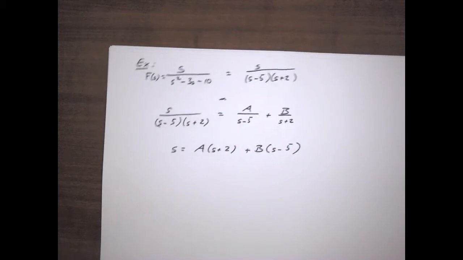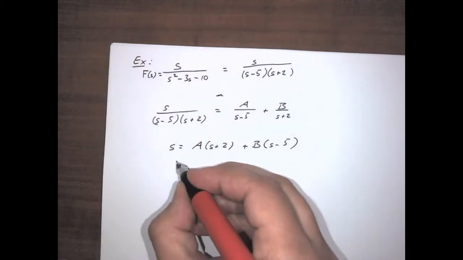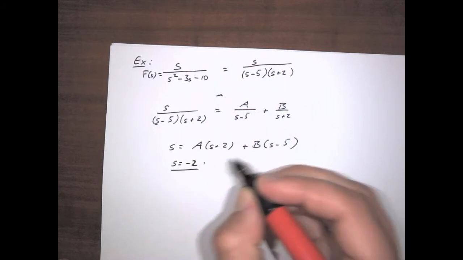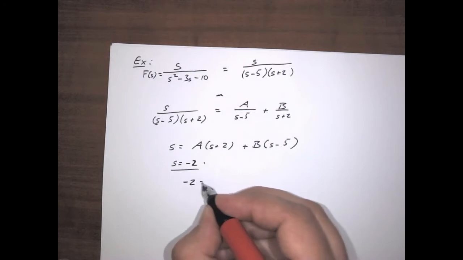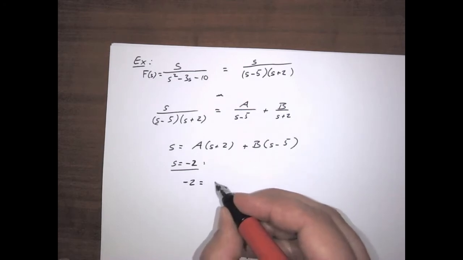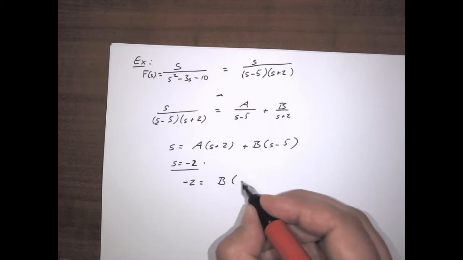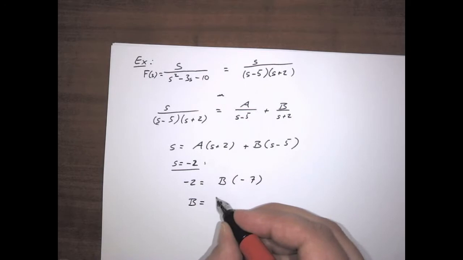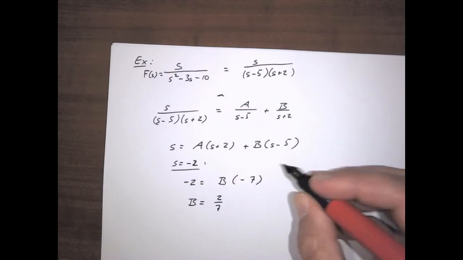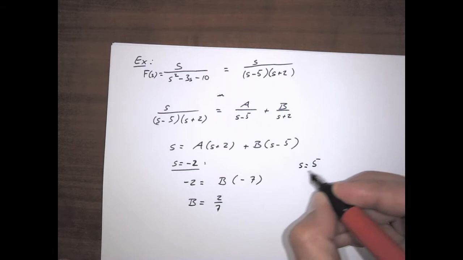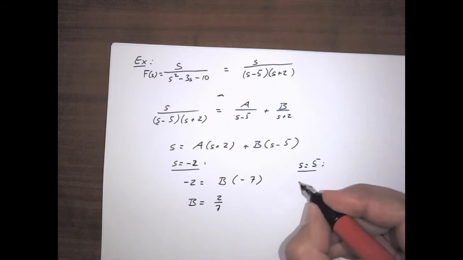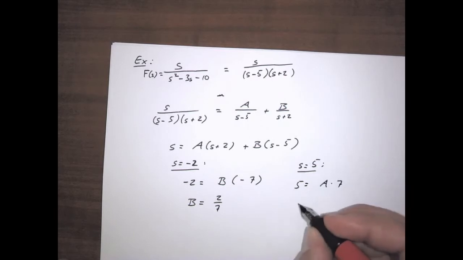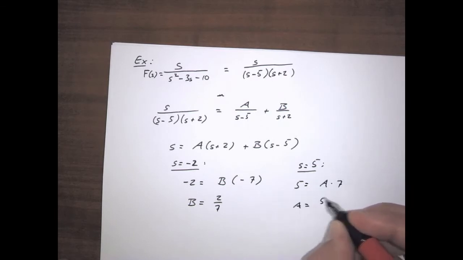And then we can just do the typical things to find the a and b, set s equal to negative 2 to cancel out the a's. So then negative 2 is equal to b times negative 7, which means if we divide, that b is going to equal 2 sevenths. And if s equals 5, then we'll get 5 is equal to a times 7, which means that a is going to equal 5/7.